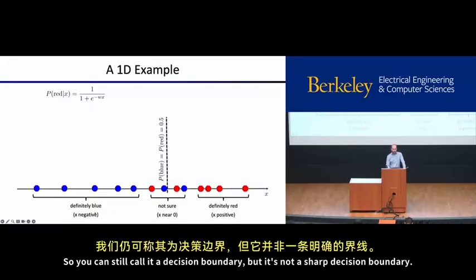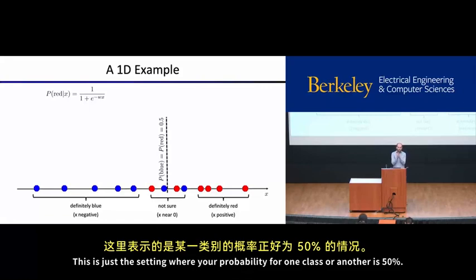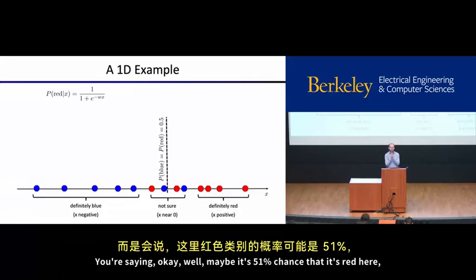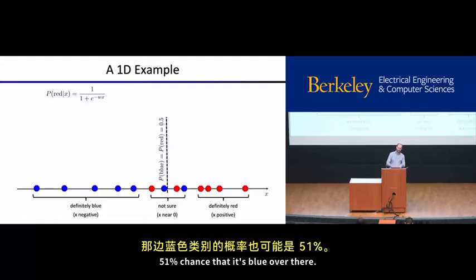So you can still call it a decision boundary, but it's not a sharp decision boundary. This is just the setting where your probability for one class or another is 50%. And so when you're on one side, you're not suddenly saying, oh, it's definitely this. You're saying, okay, well, maybe it's 51% chance that it's red here, 51% chance that it's blue over there.